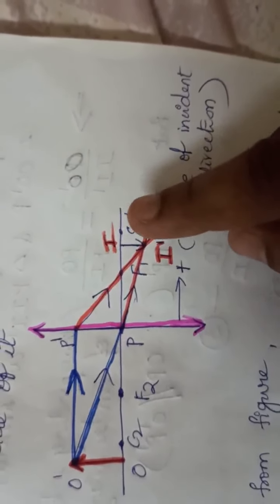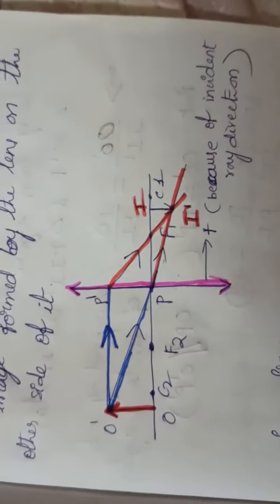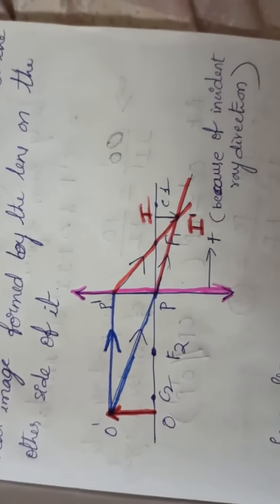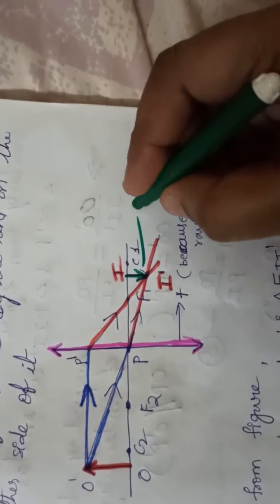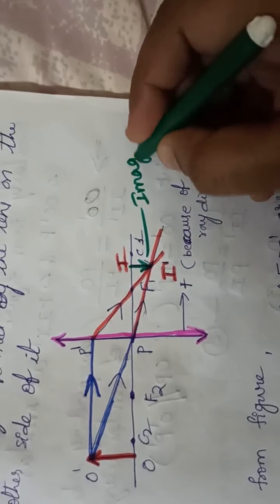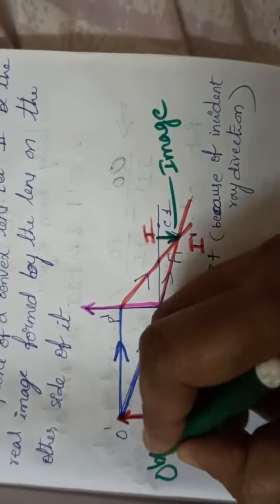We are marking that as I dash, or I1 also you can take. So I dash is the image here, children, and in between focus and center of curvature we got that real image. This is inverted. From the previous classes we got this information. So this is the image here and this is the object.